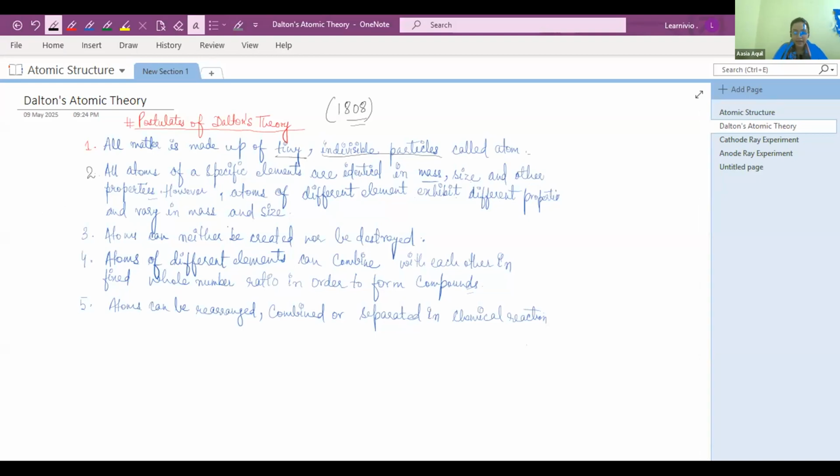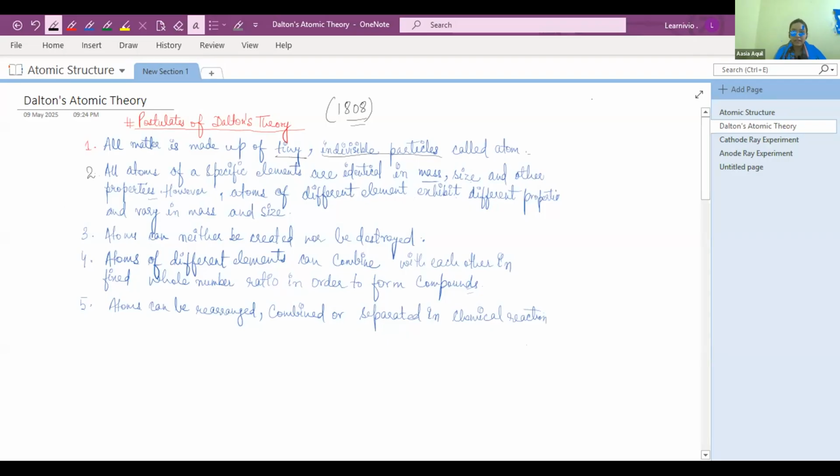When we talk about a particular element, they are identical in mass, size, and other properties.